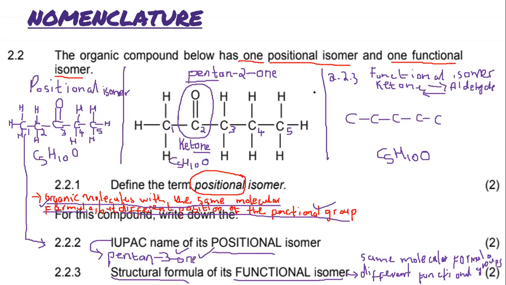Now, if the functional isomer of a ketone is an aldehyde, I know the carbonyl is on the first carbon, and the first carbon can be on the left-hand side, right? Or on the right-hand side. So I will just draw it on the right-hand side. So this is my first carbon. Why? It's carrying the functional group, a carbonyl group on the first carbon.